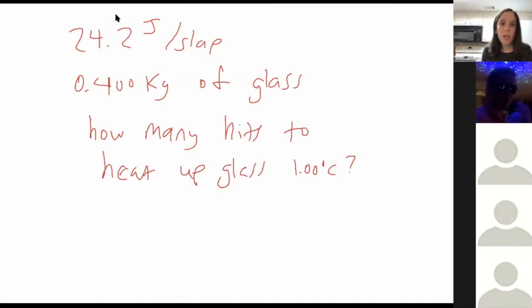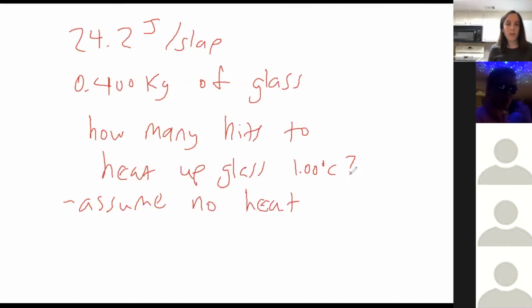And we can use that to determine how many hits you would need to take to warm the glass up based only on hitting it and no heat being transferred from your hands to the surface. So we're assuming no heat transfer. And what that means is we're assuming that your hands are the same temperature as the glass.